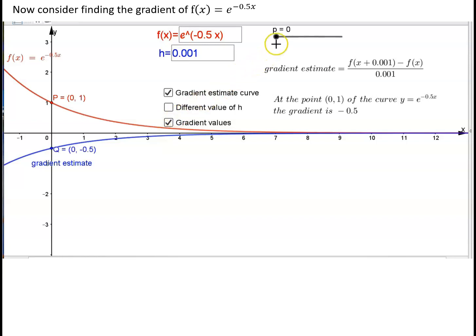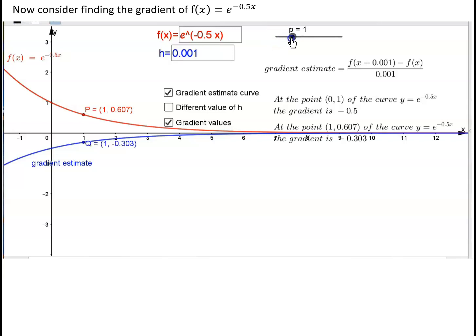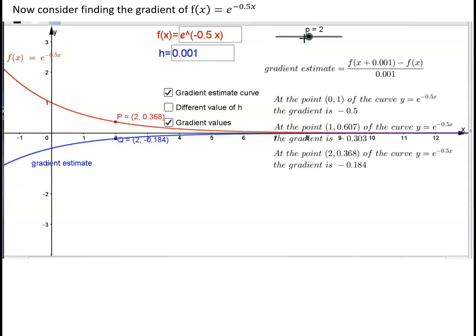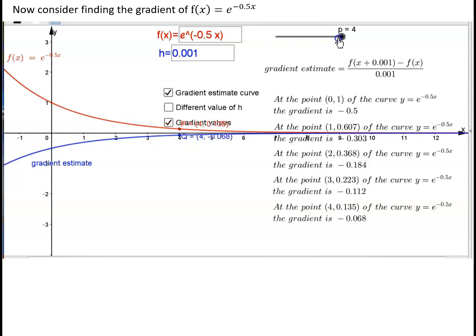So at the point 0, 1, the gradient is minus 0.5. Where x equals 1, the gradient is minus 0.303. Where x equals 2, the gradient is minus 0.184. Where x equals 3, the gradient is minus 0.112. And where x equals 4, the gradient is minus 0.068.